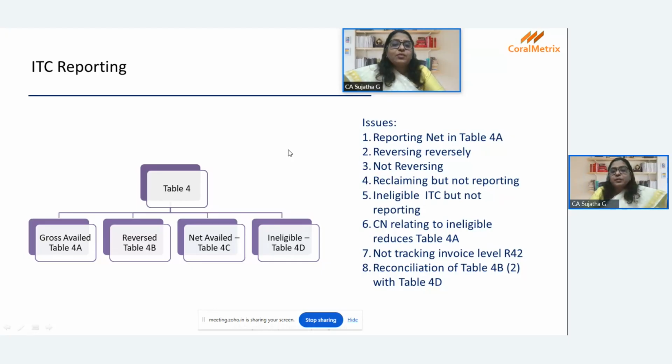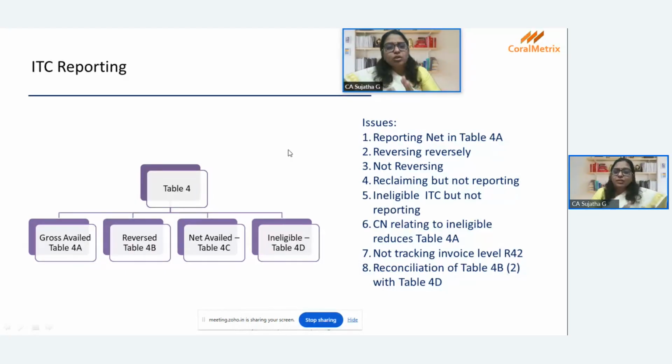Wherever there are certain input tax credits which are debatable, or which you want to take confirmation from management on, where you are not sure whether it is eligible or not, say input tax credit relating to health insurance premium paid, in such cases, please do avail, but reverse it under temporary reversal.